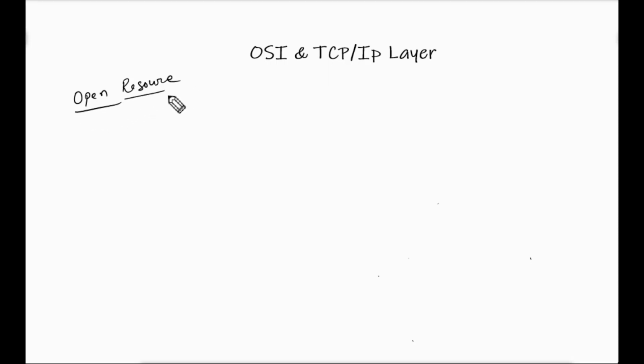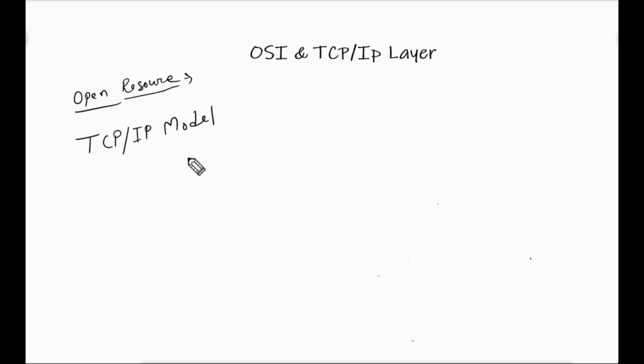In OSI, developers were not bound to establish or develop their applications in a particular way. They could use their own way to configure or develop applications, so it was not restricted. For that reason, another model was implemented, called the TCP/IP model.